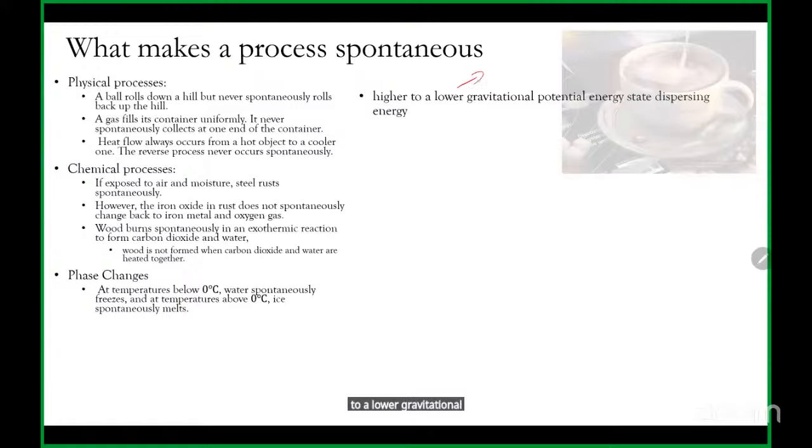That means it's going from a place of higher, more localized energy to a more dispersed energy, because in the process it gives off energy.